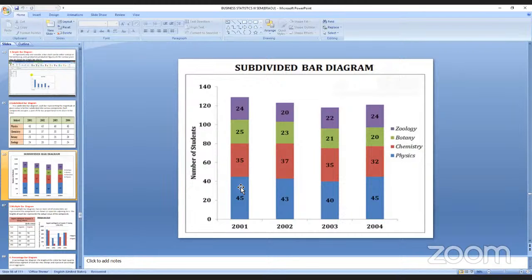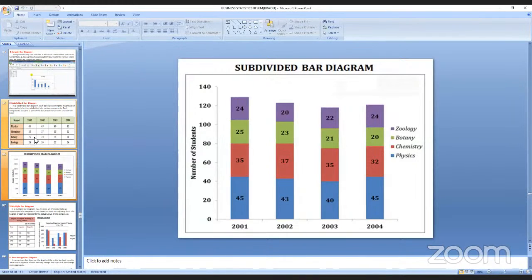Yes, ma'am. Here in the second column we need the 35. 45 plus 35 is 80. Till 80 I am taking it. 45 I have taken, and the next column is 35, so 45 plus 35 is 80.